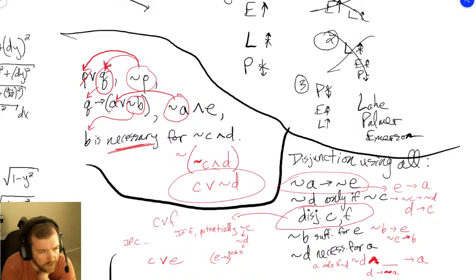So I was thinking, like, right, if F is true, so basically F implies not C is what we're assuming in this particular case.